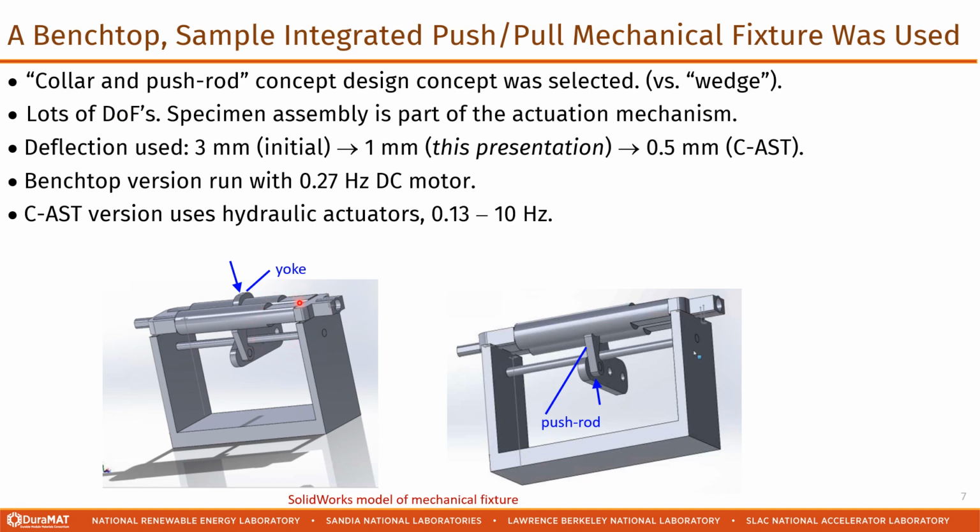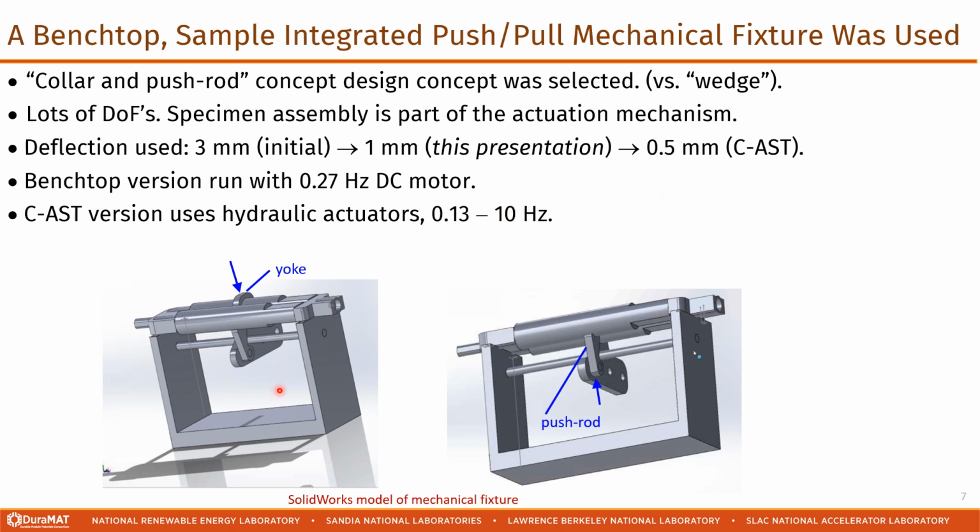But the consequence here is that the sample assembly is actually part of the actuation mechanism. We started with a relatively large deflection. In this presentation, we're looking at something like a 1 millimeter actuation, and that's actually been dialed down a little bit for use in CAST.